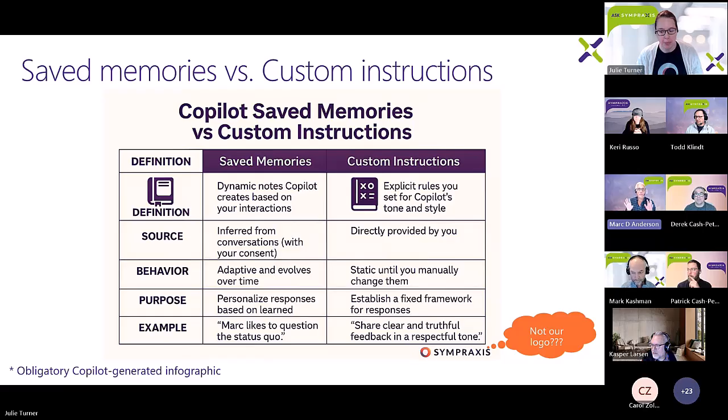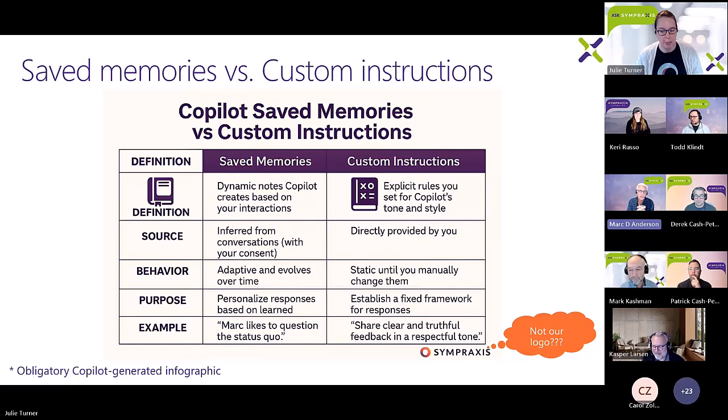I think of a Venn diagram of these two, they feel like they overlap a lot, but when I show you a little bit more about how you manage them, you'll probably realize that they're a bit different. So saved memories are inferred from conversations you have with Copilot. It's adaptive and it evolves over time. It actually picks up on stuff as you're typing your prompts.